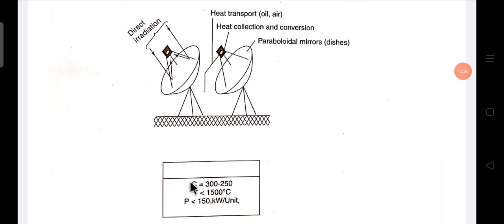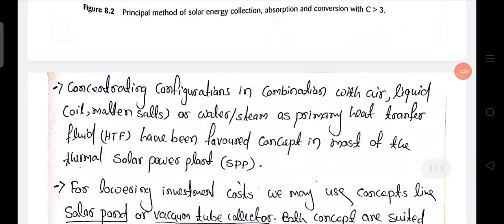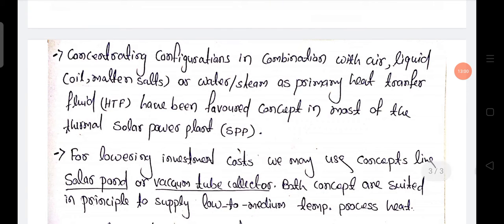And here the concentration C is 300 to 250, okay, and temperature is less than 1500 degrees Celsius, and power is less than 150 kilowatt per unit, okay. Now we see what type of collectors we can use in our thermal power plant.